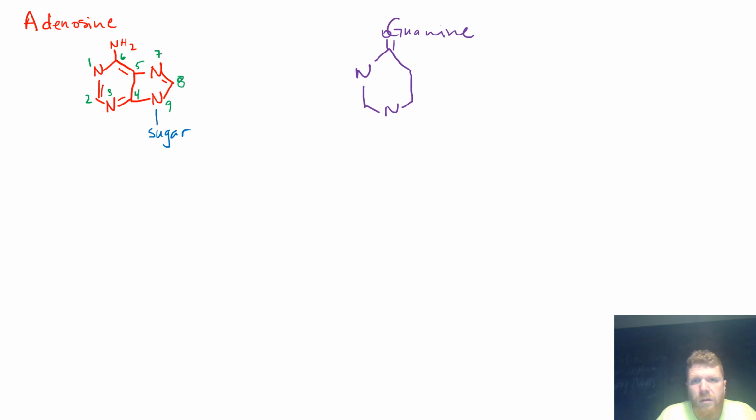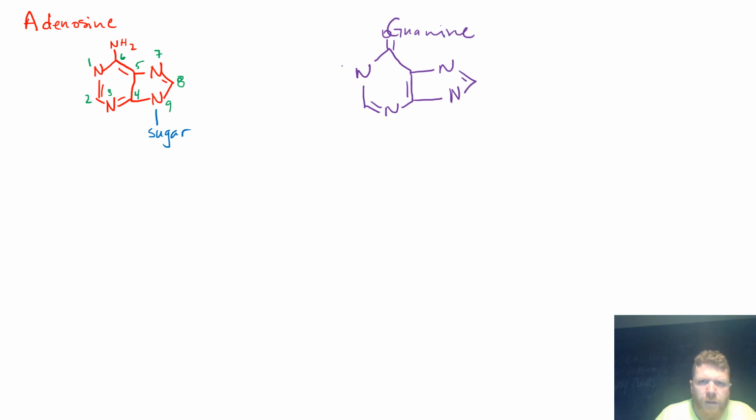I probably should have moved this over, but oh well, too late now. Then N, N. Okay, I want to fill in my double bonds here. There's one there, there's one there, and that would be it for this one.